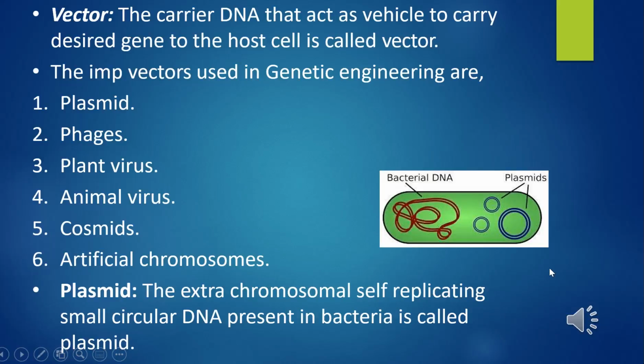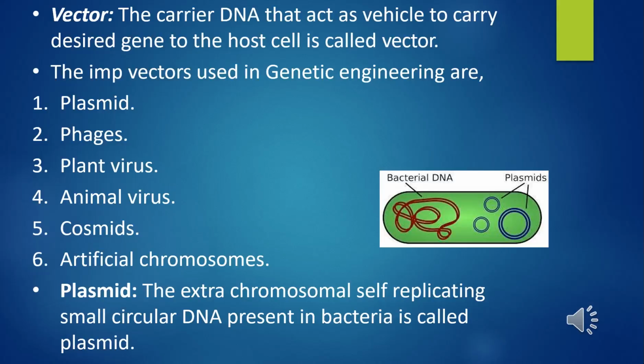In this slide, we'll study what a vector is. It's a carrier DNA that acts as a vehicle to carry the desired gene to the host cell, and is called the vector. I have already told you about this. The important vectors that we use in genetic engineering are plasmids, phages, plant viruses, animal viruses, cosmids, and artificial chromosomes. Plasmids, you all know, are present in prokaryotes.